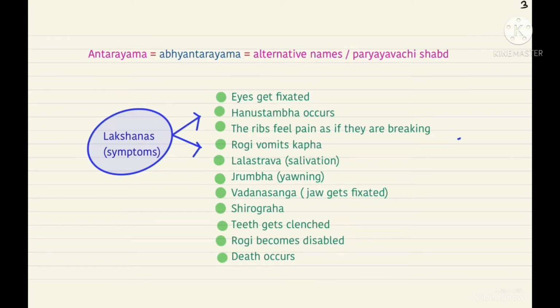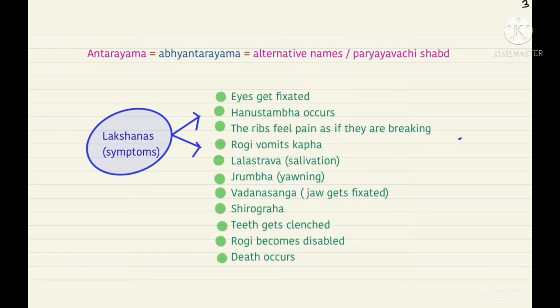What happens is eyes get fixated. The movement of the eyes is lost and the eyes get fixated at one point. Then Dhanustambha occurs. Then the ribs feel pain as if they are breaking. Rogi vomits kapha. There is kapha vaman. Lalastrav is there, which is excessive salivation.